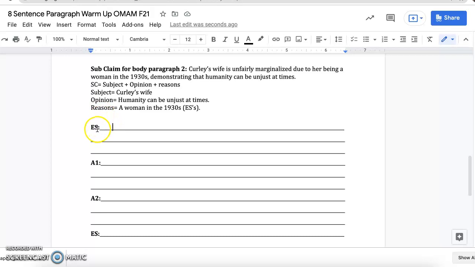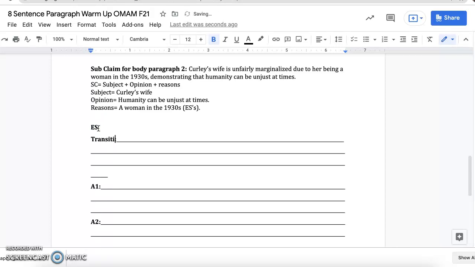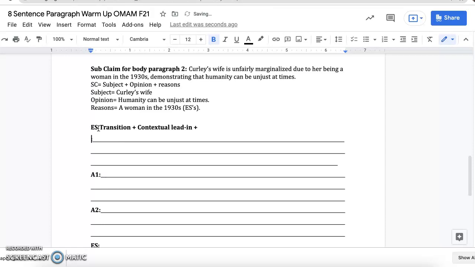And just a reminder for your ESs to go ahead and include the following components in your ES: the transition plus the contextual lead-in, which should include the who, what, when, and where, the text evidence itself, and then, of course, the citation, which would be the page number that you found the text evidence on.